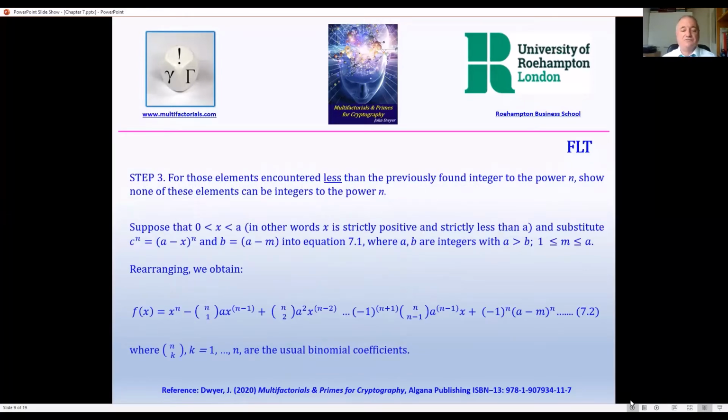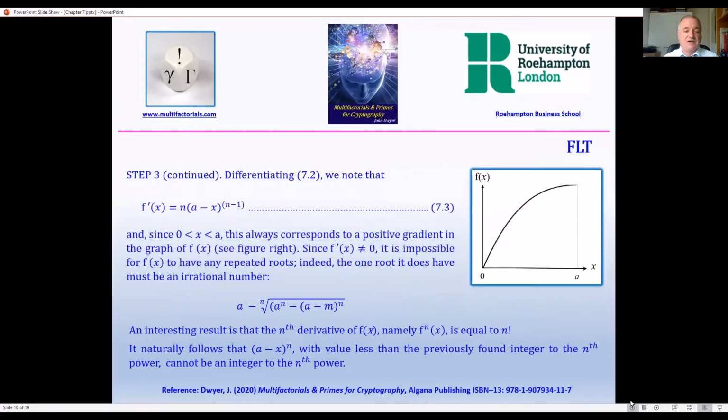Now, along any given row, for a value of a, the number that we encounter less than the previously found integer, we assume that a minus x to the n is equal to c to the n, and see what values of x we get. Well, there's the equation for x, easily expressed, and there's the curve that we get for x.